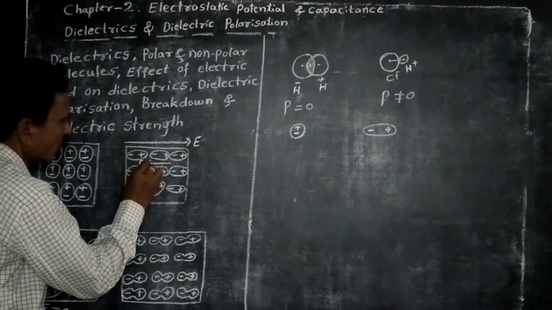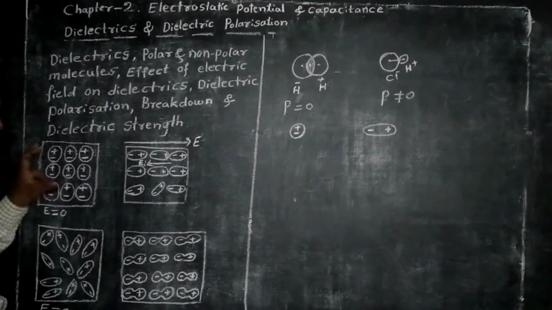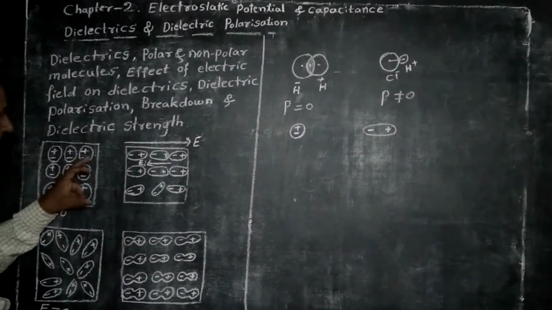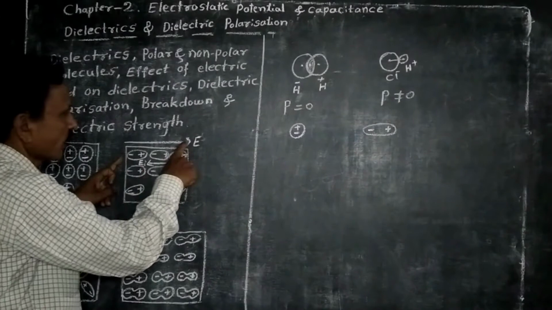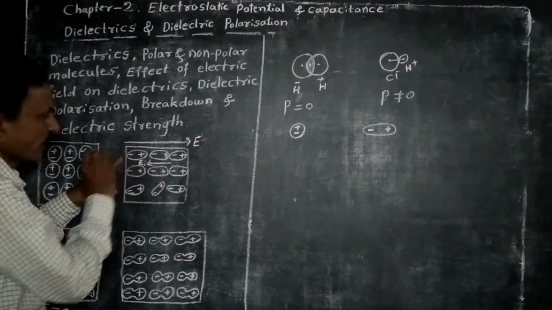EI is the induced electric field when a non-polar dielectric slab is placed in an external electric field and an opposite field is induced in it.